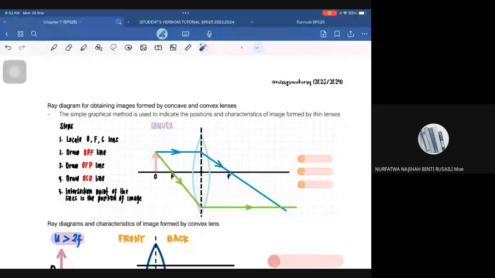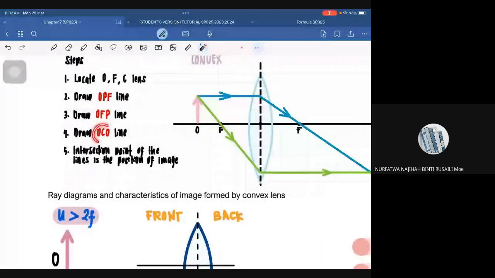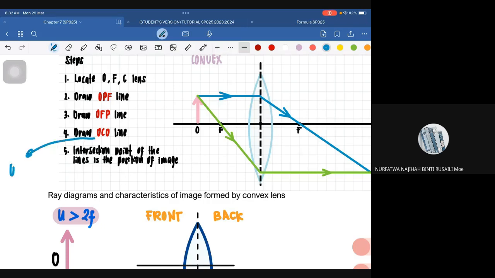So what they did is, instead of OCO, it's actually going from, macam mana? Tak boleh ni kalau O. Basically from object, and then dia pergi, I guess C here is center of axis lah. C ni is known as center of axis, and then it goes back to the object.